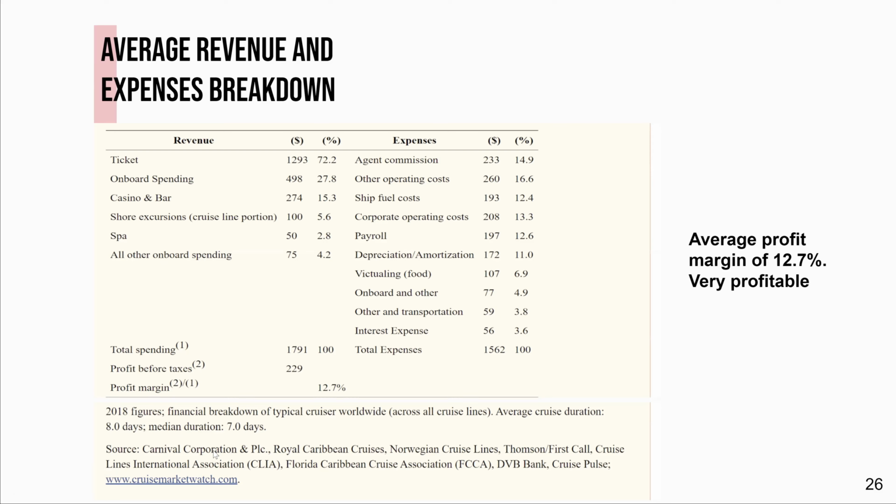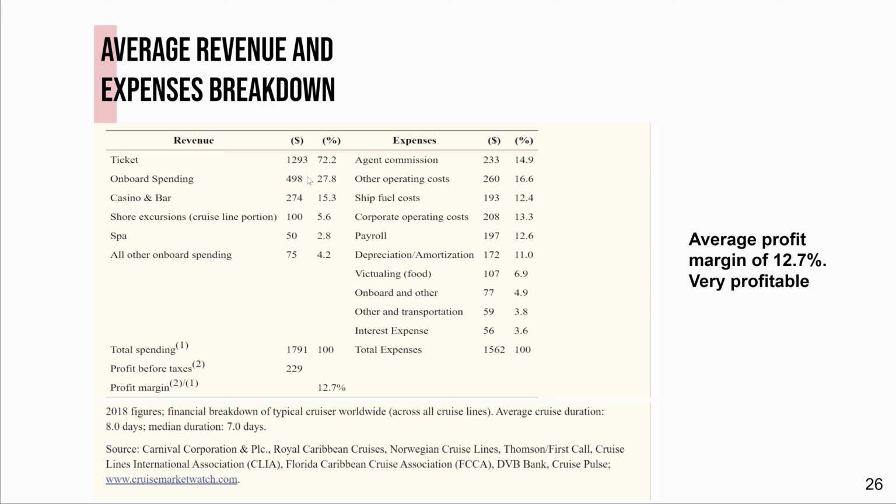The source was from Carnival Corporation. And here we see that a large portion of the revenue comes from the ticket sale itself. And we have showed previously that if our cruise ship was to be booked completely, we are expecting a revenue of $1.8 million only from the ticket sales itself.